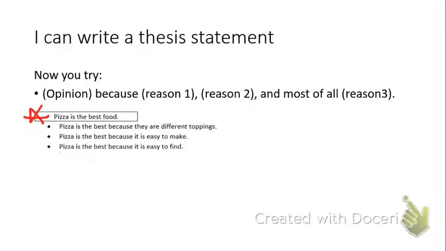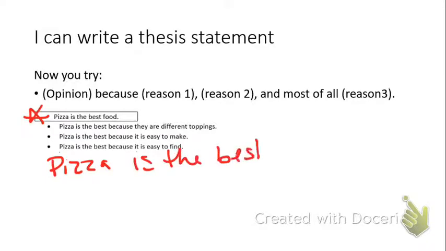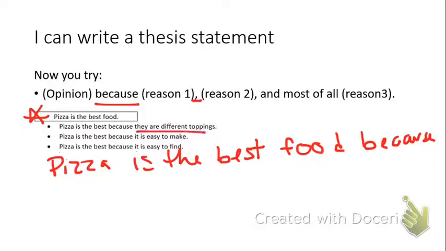Okay, so you should have written your thesis statement. So I'm going to quickly show you what I would have done. Well, it says opinion. So I'm going to find my opinion. It's in the box. It says pizza. Pizza is the best food. And then because, so I'm going to write my because, sorry, I'm going ahead of myself, because there are many different toppings.